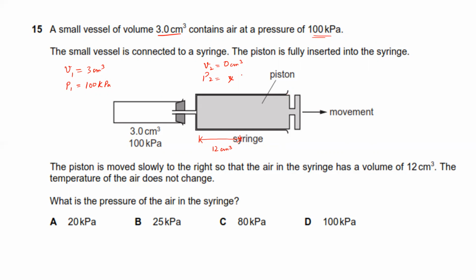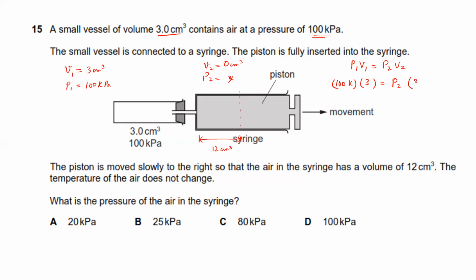So basically we have to use this law, P1 V1 equals P2 V2. So my initial pressure is 100 kilopascals multiplied by my volume, that is 3 centimeter cube. My final pressure is something we have to calculate, and my V2 volume is basically when I have pulled the piston, 12 centimeter cube, and this 3 centimeter cube is also added.